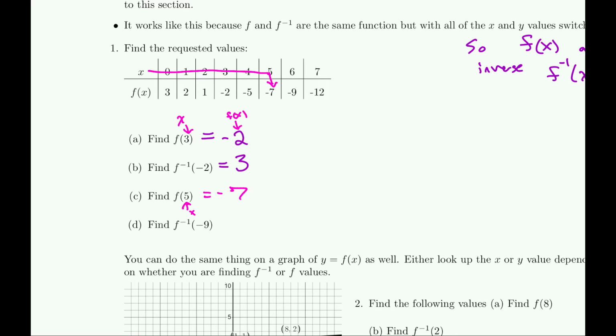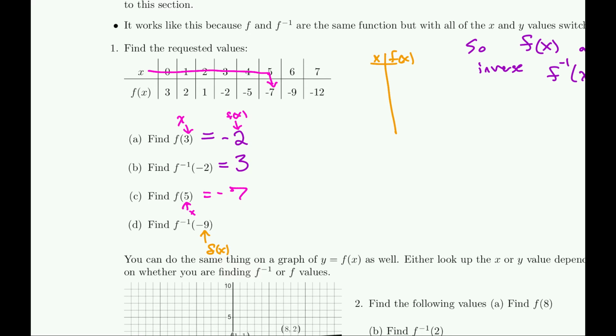Okay. Now, if you're trying to calculate f inverse of -9, this value is an f of x value. So you go to the f of x row. I keep saying column because normally we have them written this way, but obviously this one's rows, not columns. So the -9 is an f of x value.